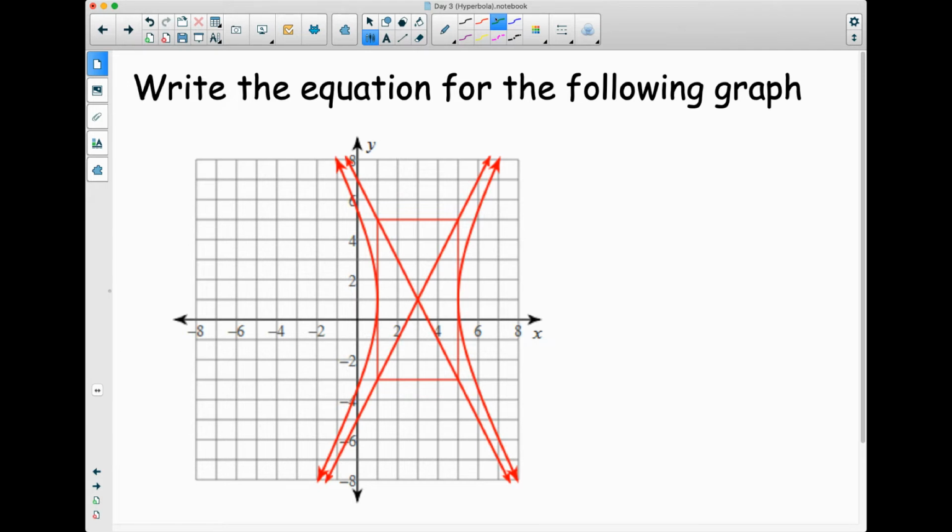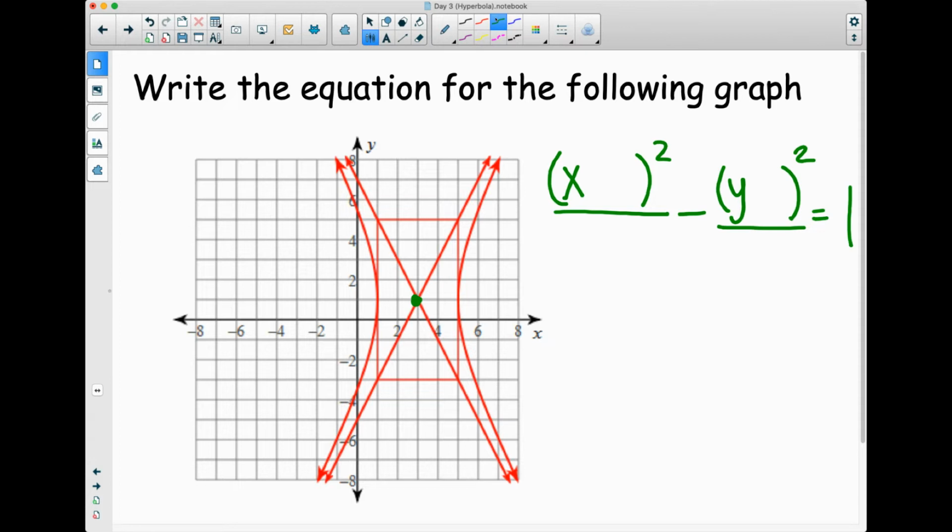Horizontal. So that means what comes first? X. Minus. Don't forget that. This one's minus. And then, of course, this is still equals 1. So then if we have our center, which is right there at 3, 1.